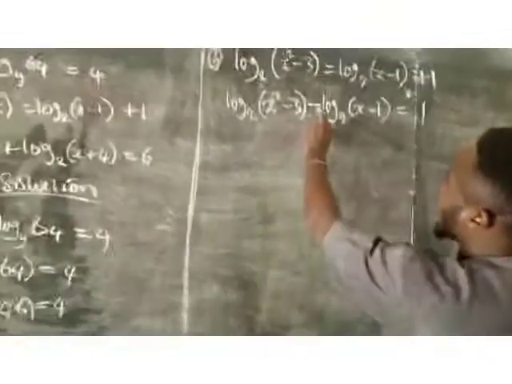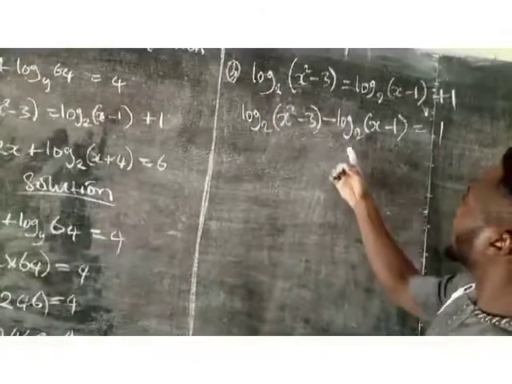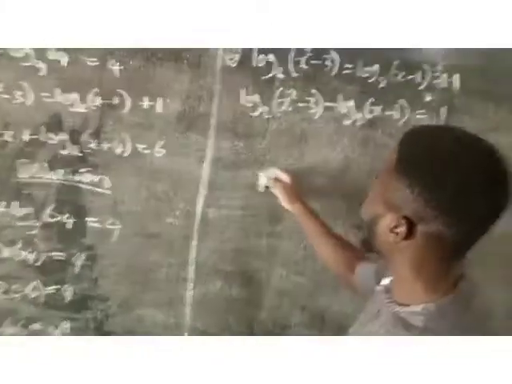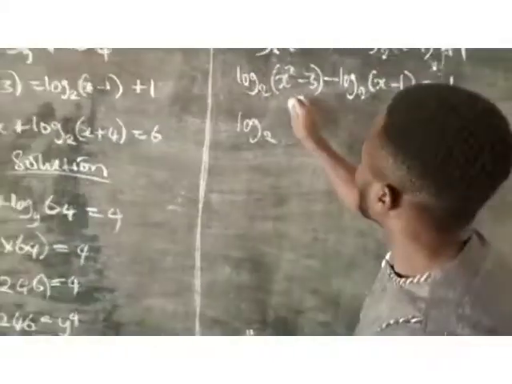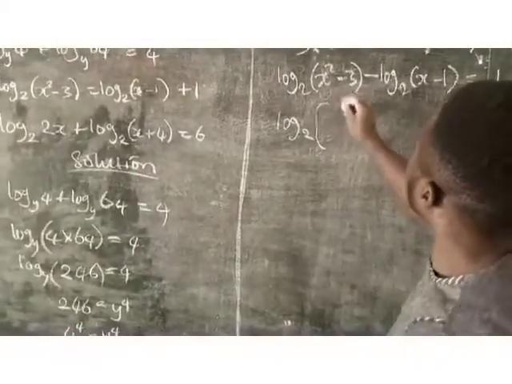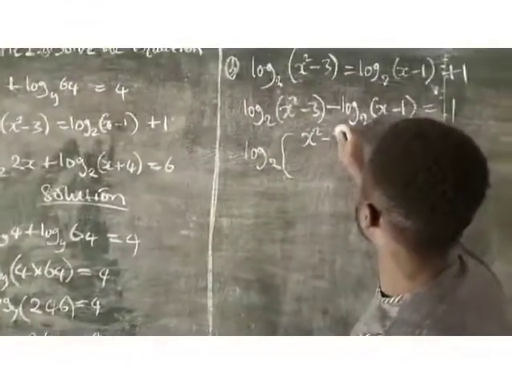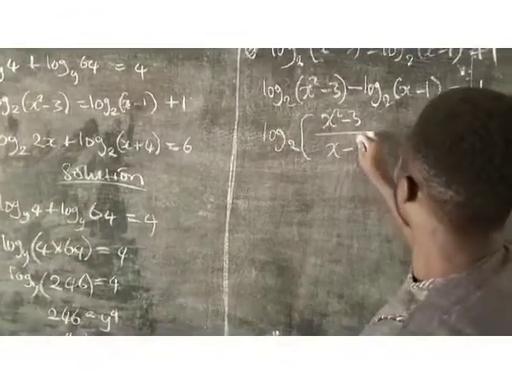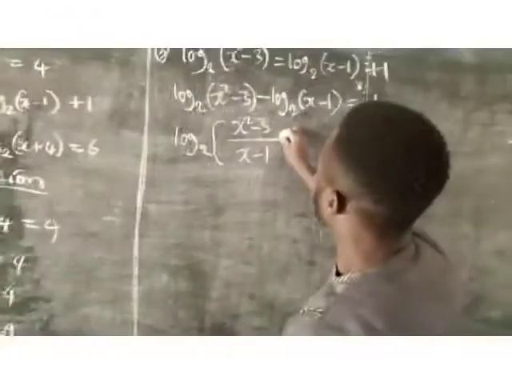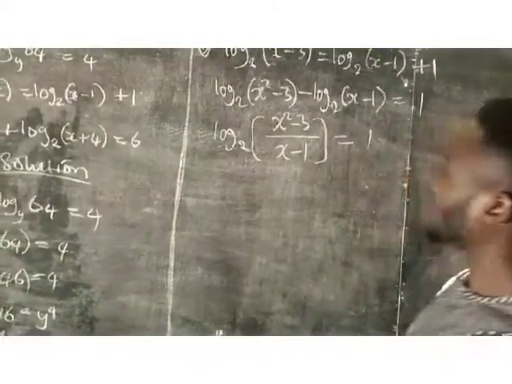So when we have subtraction, it will change to division. That is log 2 of x squared minus 3 all over x minus 1 is equal to 1.